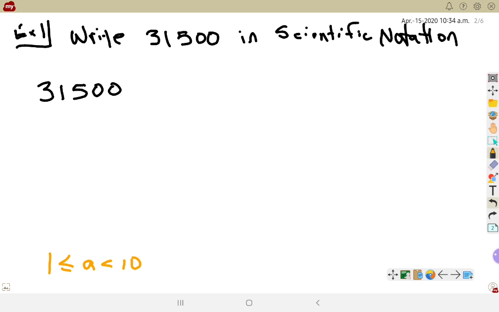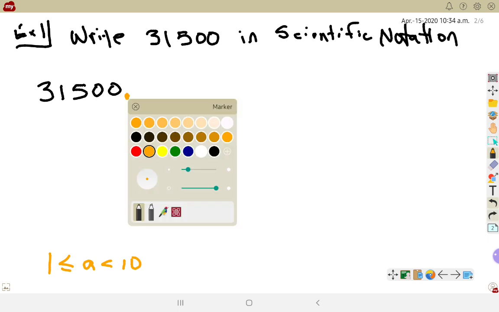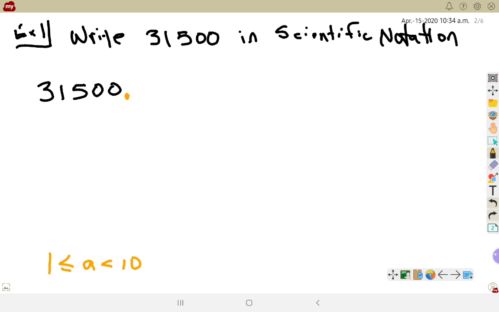If you think about the decimal here, I'm going to move this decimal point over 1, 2, 3, 4 spaces so that it goes in between the 3 and the 1. So if I put the decimal point in between the 3 and the 1, now I have 3.1500.